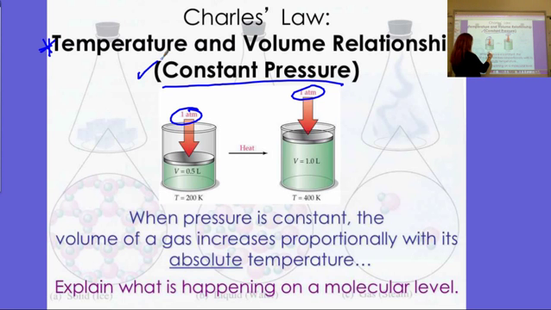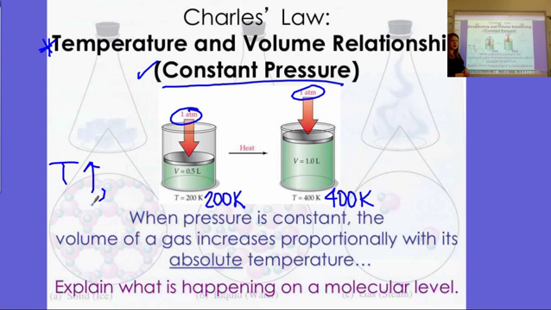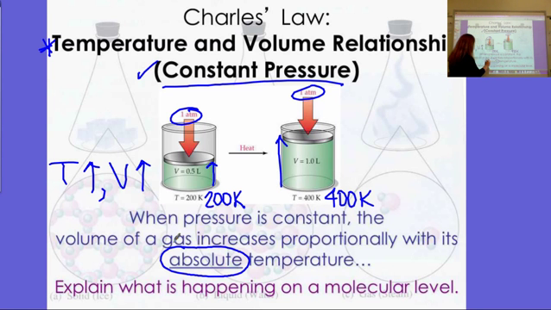If I increase the temperature, this says 200 Kelvin, this says 400 Kelvin. As I increase the temperature, what happened to my volume? As temperature goes up, volume goes up.